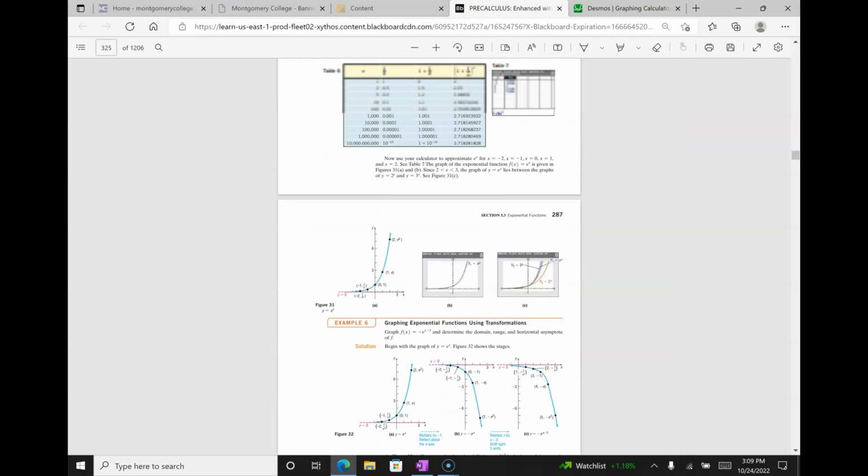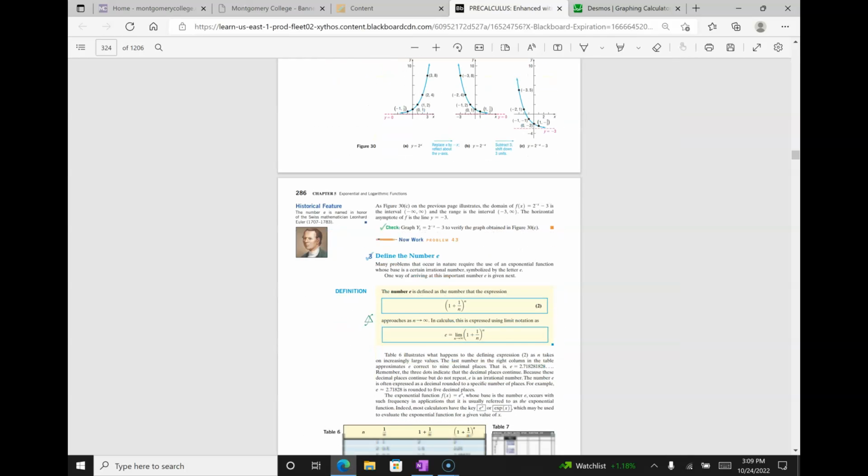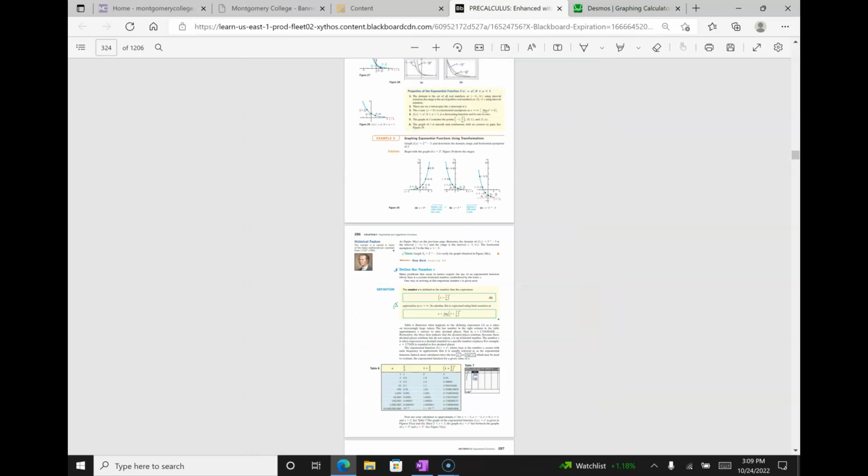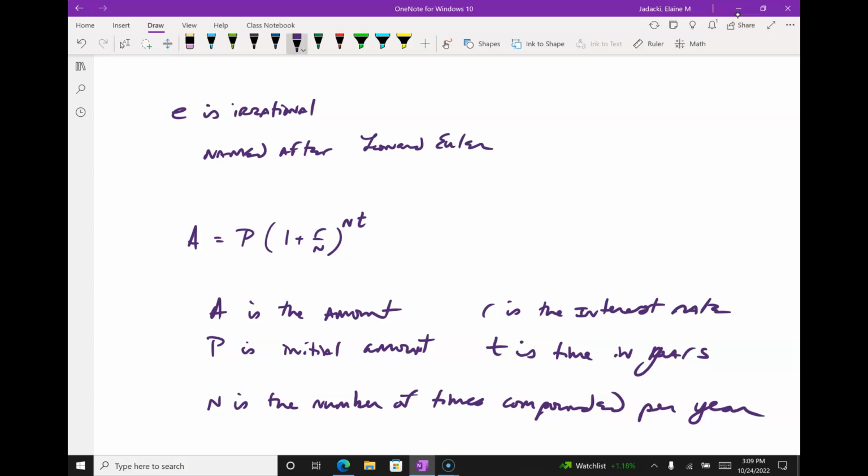It's just something you learn in finance class. Yeah, I got it right. So you probably learned how to calculate simple interest when you were in 8th grade or 7th grade. T is the time in years.